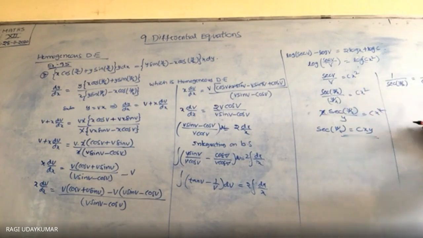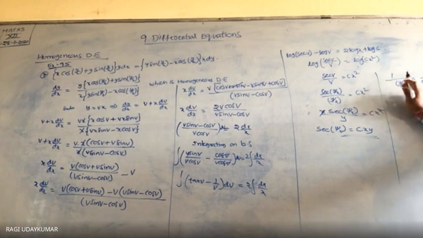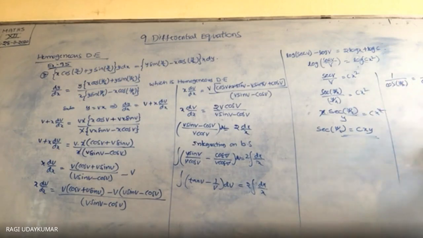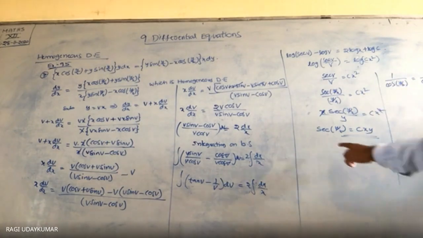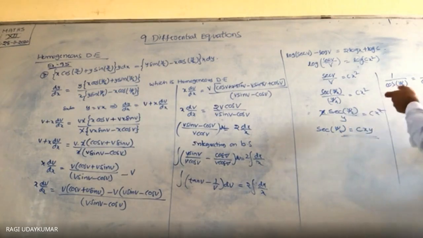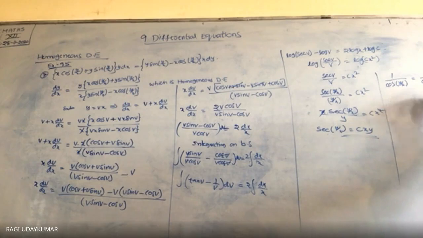So you can write it as one by cos y by x, since secant theta can be written as one by cos theta. Isn't it?